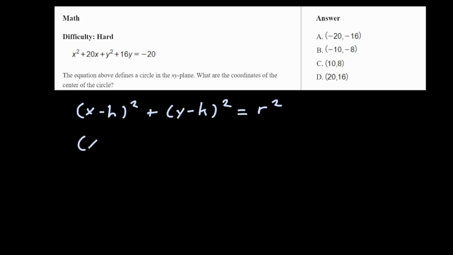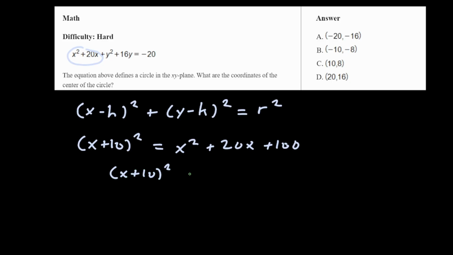So let's say we had (x plus 10) squared. This equals x squared plus 20x plus 100. And we see that right here we have x squared plus 20x, but we don't have a 100. So what you could do is actually just have (x plus 10) squared minus the 100. So let's see how to apply this.